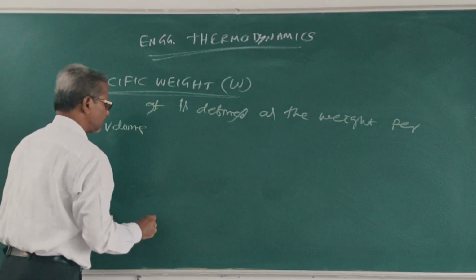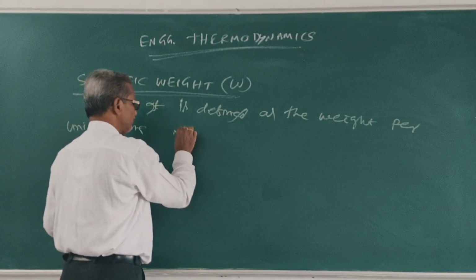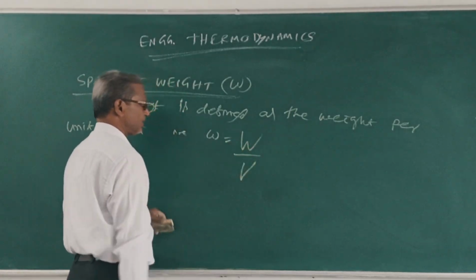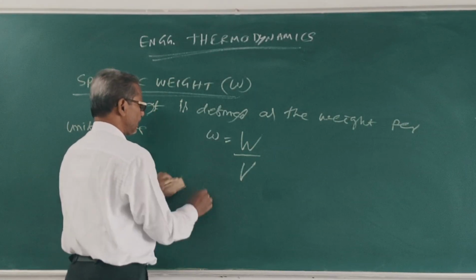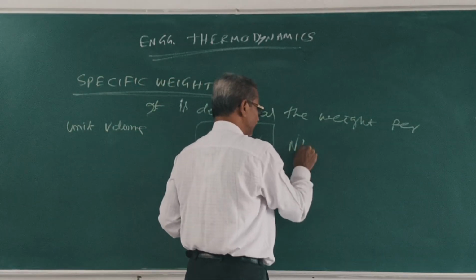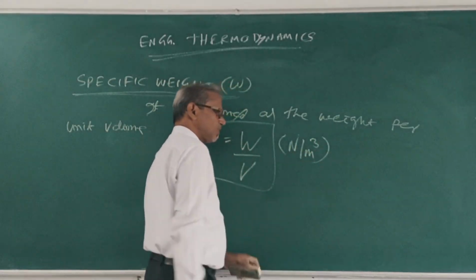That is, small omega is equal to W by V, specific weight. What is the unit? Newton per meter cube.